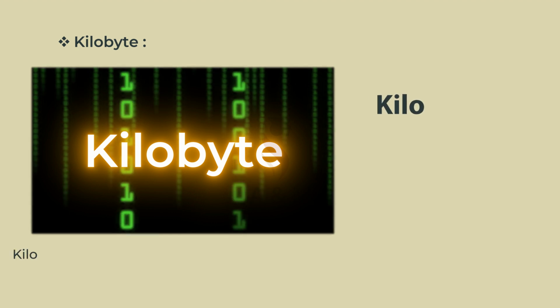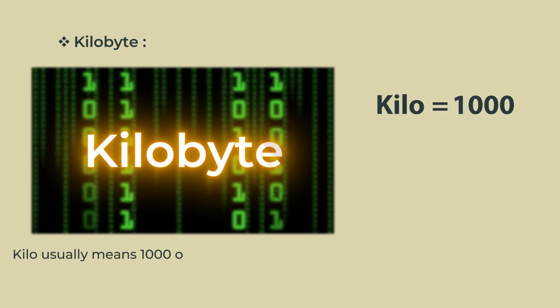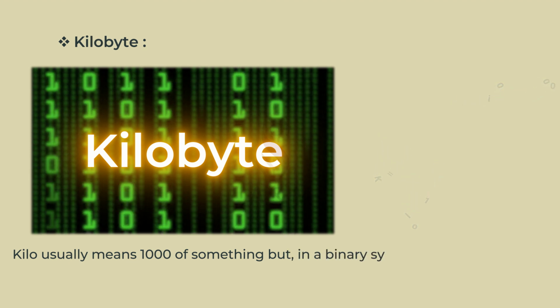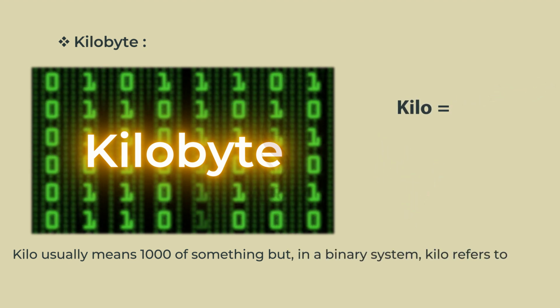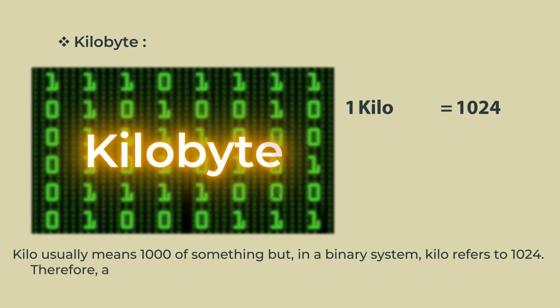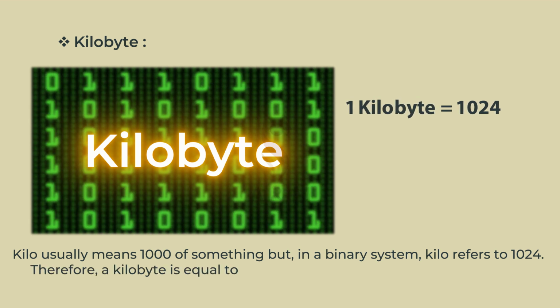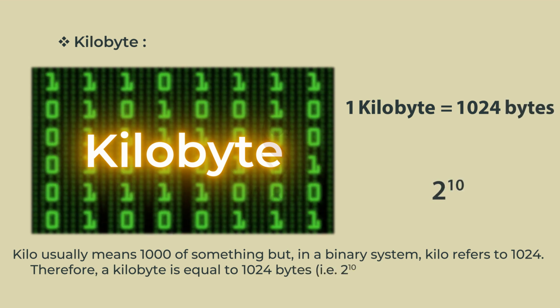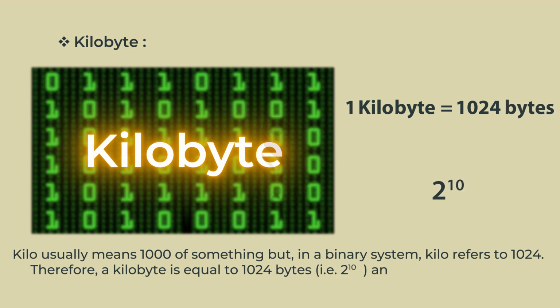Third, kilobyte. Kilo usually means 1000 of something, but in a binary system, kilo refers to 1024. Therefore, a kilobyte is equal to 1024 bytes, that is 2 to the power 10, and is represented as KB.